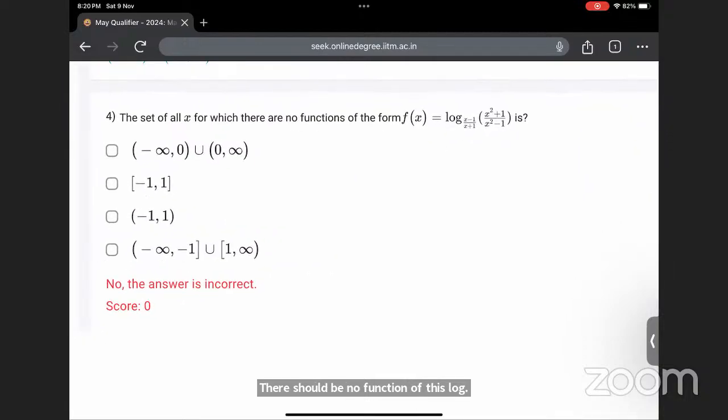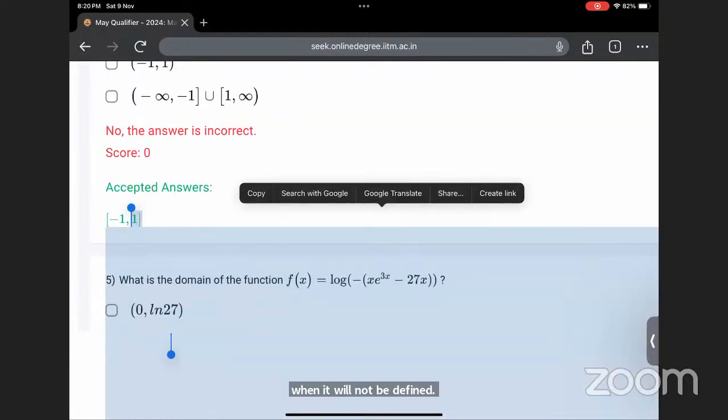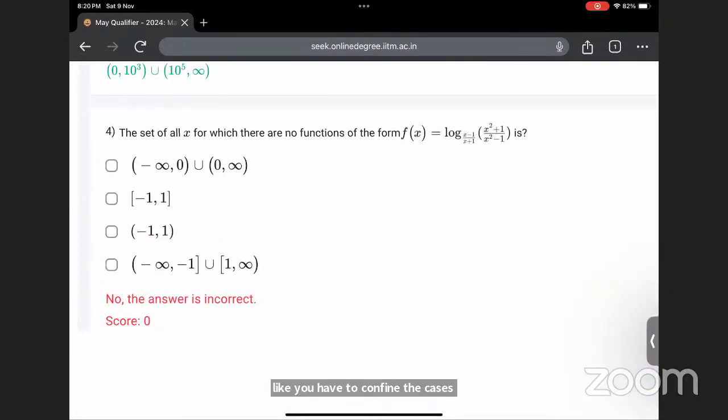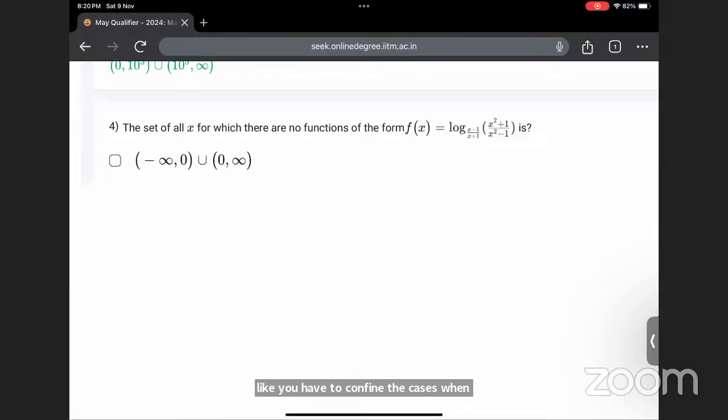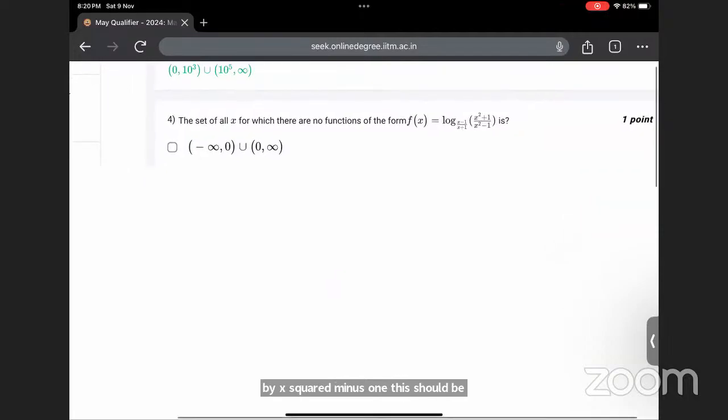Basically you have to confine the cases when this logarithm is not defined, that is, when x square plus 1 by x square minus 1 is less than 0, then there is no function in this form.